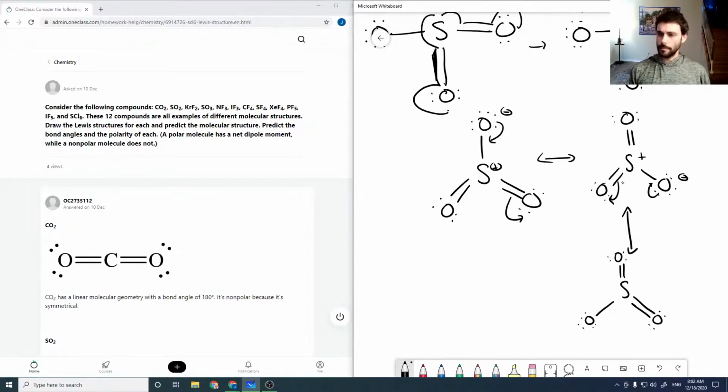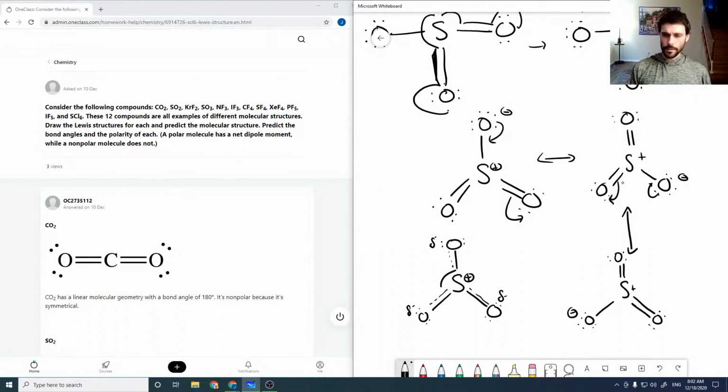And the real structure is going to be something in between. Similar to this, where we now have a positive charge definitely on the sulfur, and the negative charges are shared around.